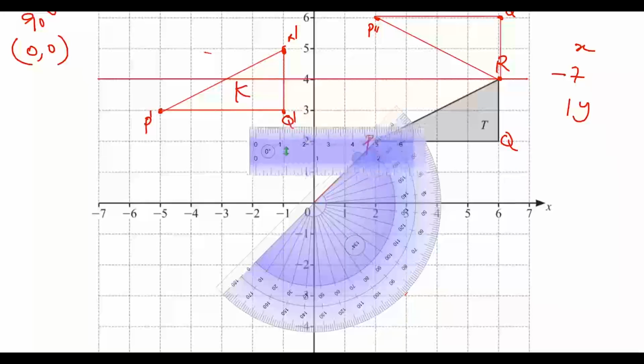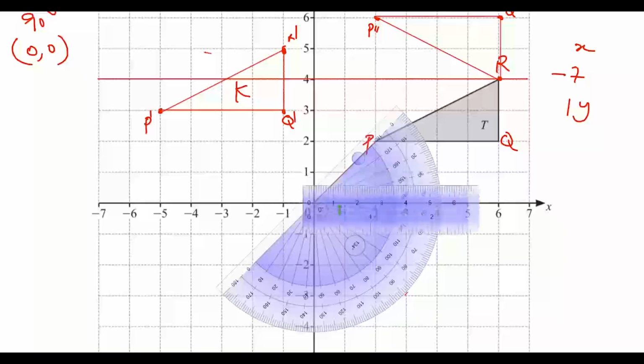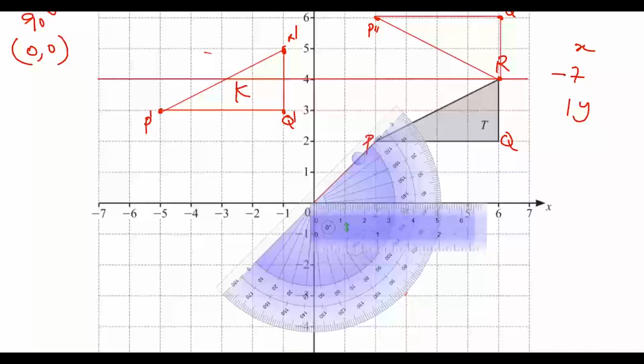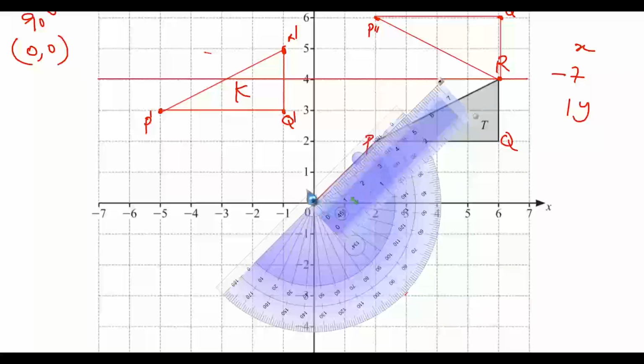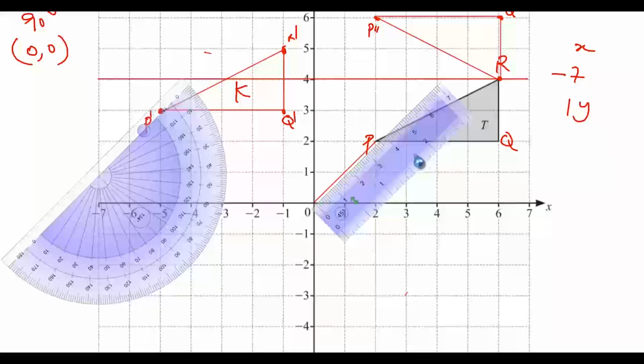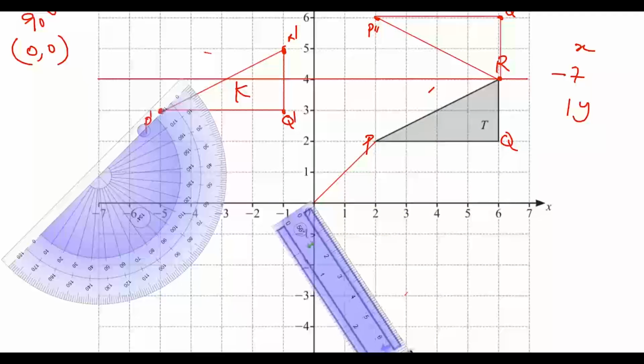So let's put the ruler here and measure the distance from the center of rotation to point P. Now from the center of rotation to point P is about 3.5, so we can easily take the protractor away from this point. Then we need to place the ruler to measure the direction.